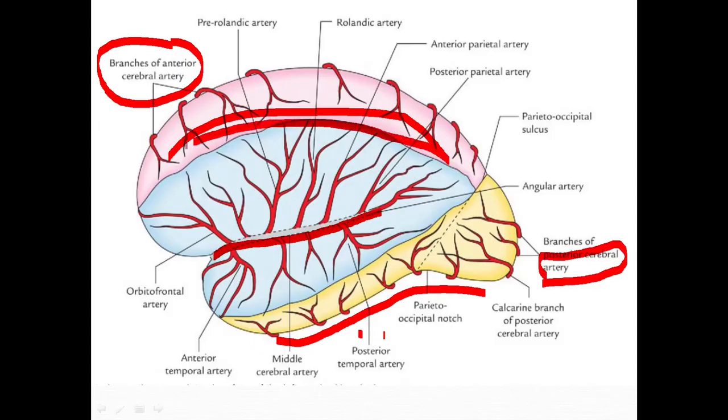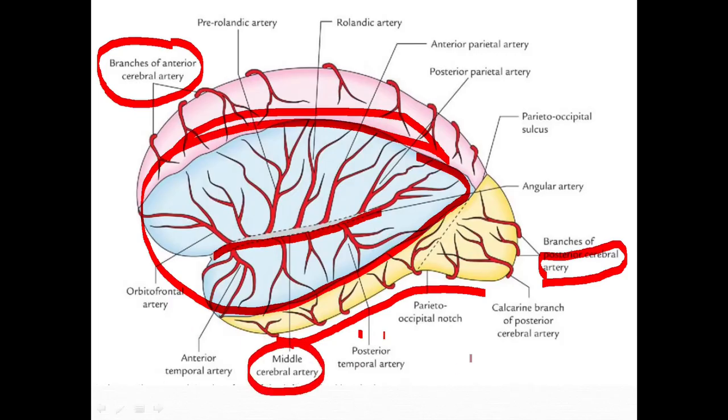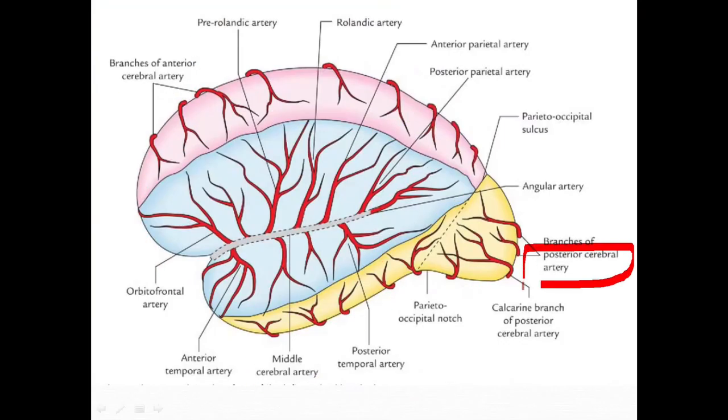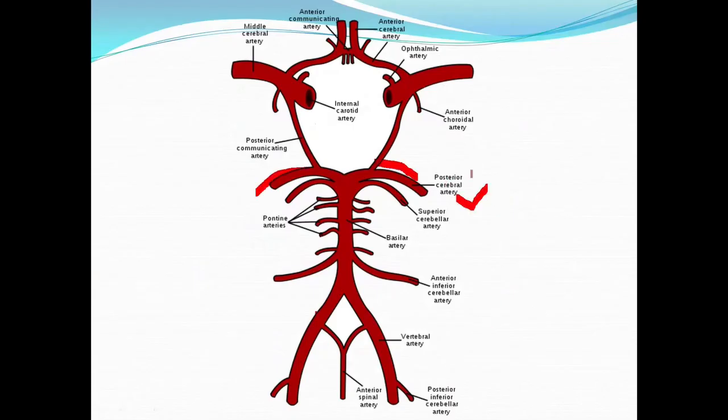And the major portion of all the lobes in the superolateral surface is supplied by the middle cerebral artery. When you go to the basics, the right and left vertebral arteries join to form the basilar artery. They give off branches called the posterior cerebral artery. These supply the superolateral surface at the level of the inferior temporal gyrus and also the occipital lobes.